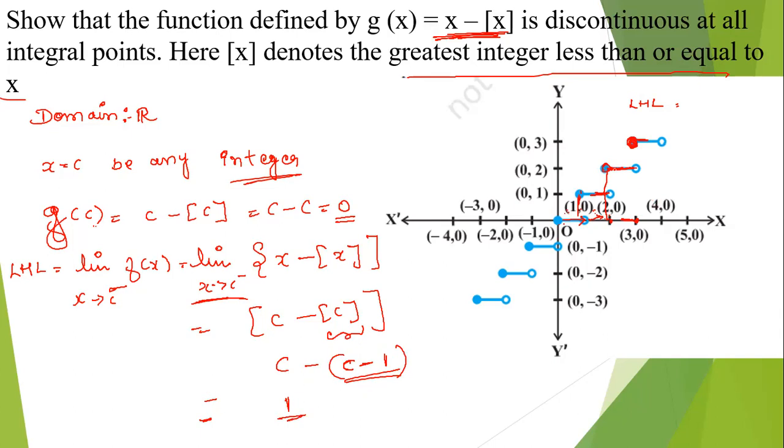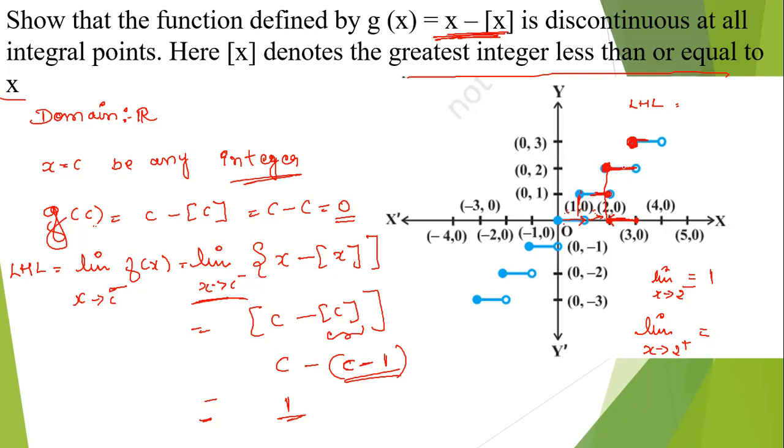Understood, students? Whatever integer you take, its left hand limit is 1 less. If you are taking the limit x tending to 2 minus, then the value is 1 here. But if you take the limit x tending to 2 plus, the right hand limit is equal to 3. It will be 1 more, because you are approaching 2 from the right hand side.